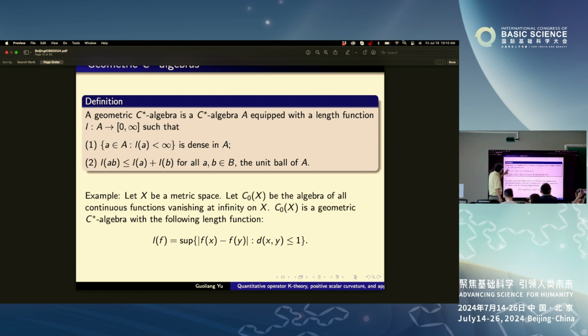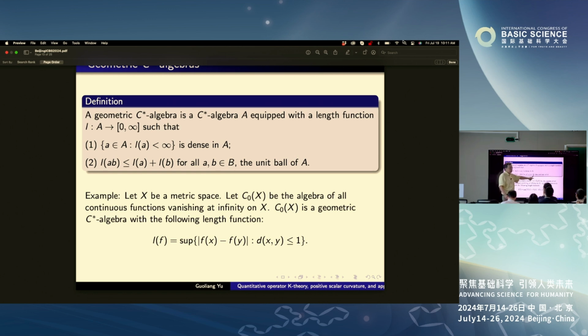Every element in the C-star algebra is assigned a length. I allow the length to be infinity, but I want the elements with finite length to be dense. Otherwise you could assign everything to be infinity, which is of course not interesting. So this is a natural condition. But I also want to have some sub-additivity, but only for elements in the unit ball.